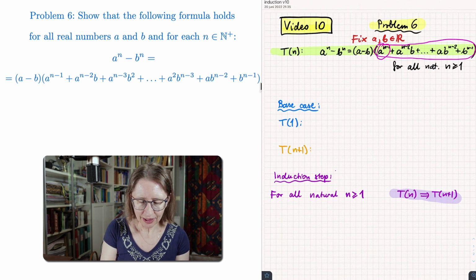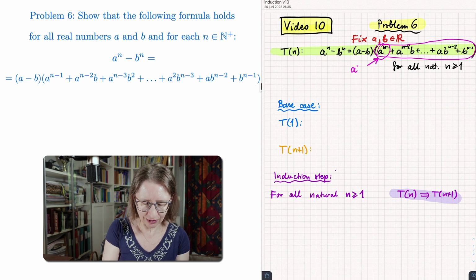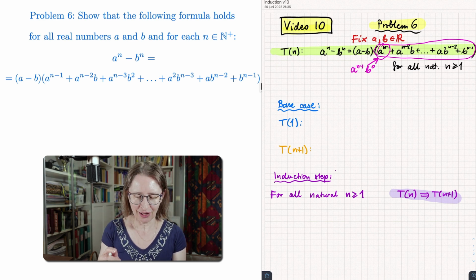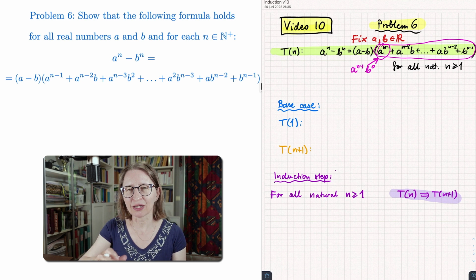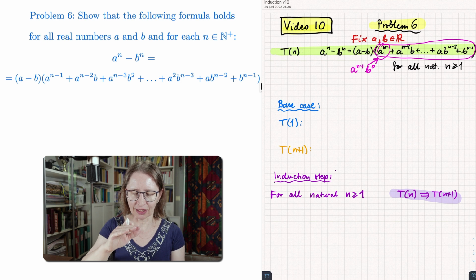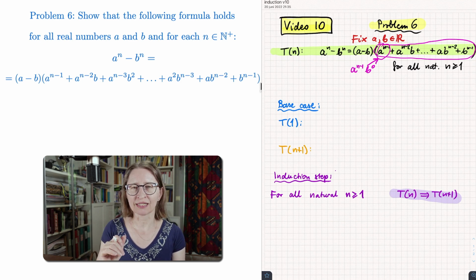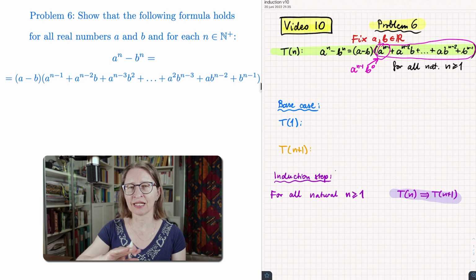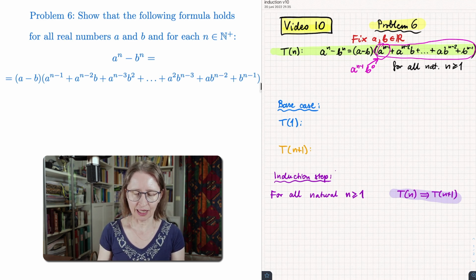So in this first term we actually have a to n minus 1 times b to 0, right? Then we have a to n minus 2 times b to the first, and the entire time the exponents at a are decreasing, exponents at b are increasing, and the total sum of the exponents is at each stage equal to n minus 1.